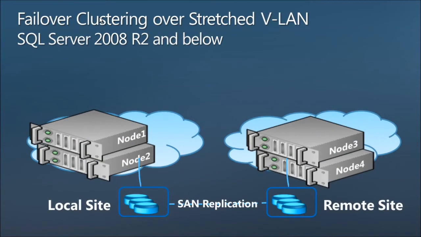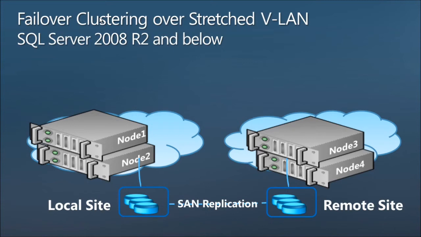Here's an example of how you can use SQL Server 2008 R2 FCI to create your disaster recovery deployment. So you have 2 data centers. On the local side, you have 2 cluster nodes, Node 1 and Node 2, and you also have a SAN storage.